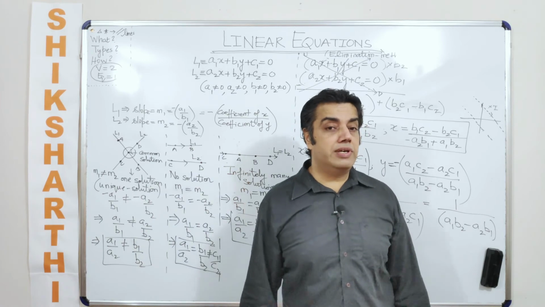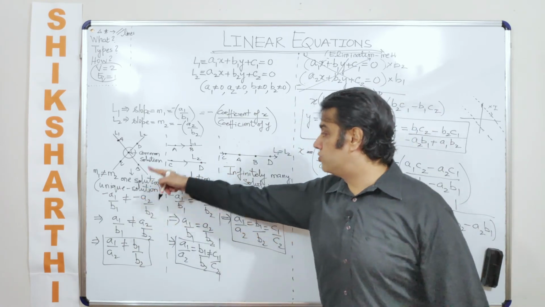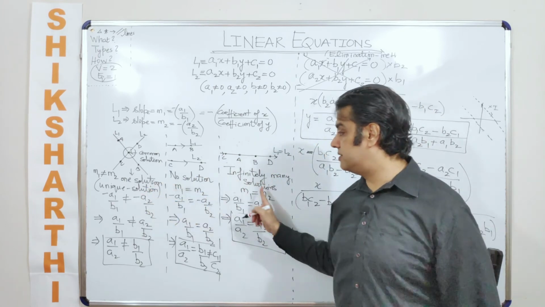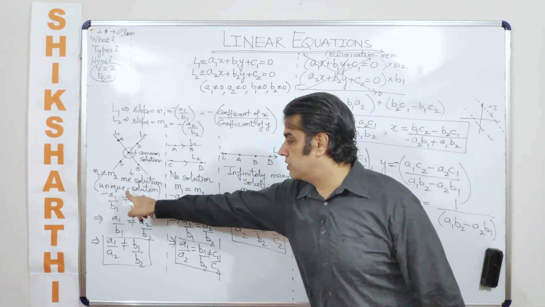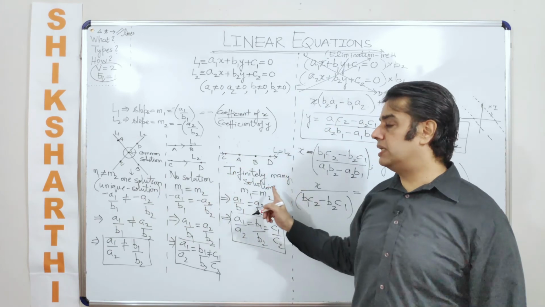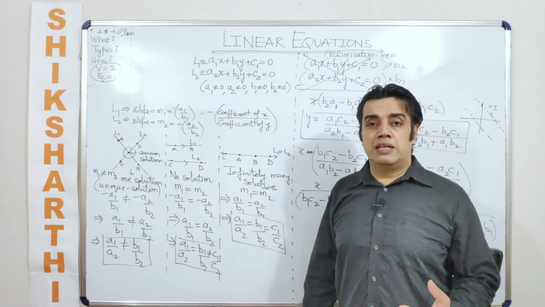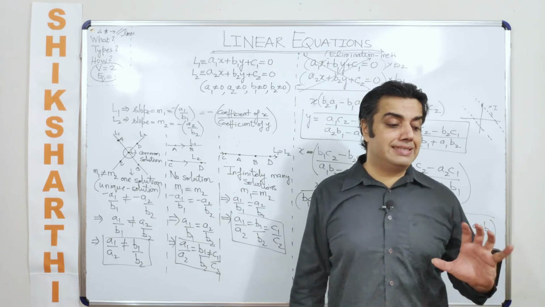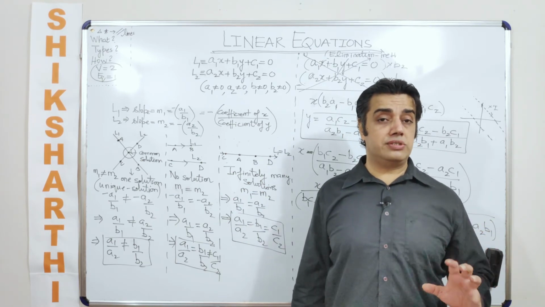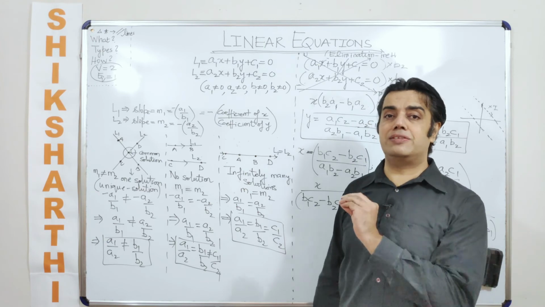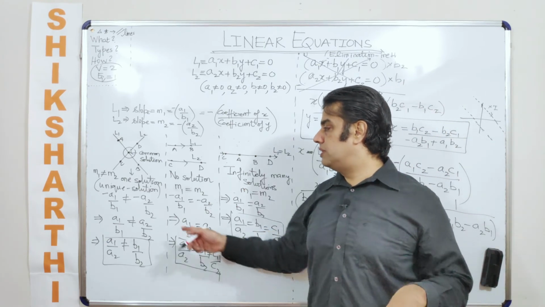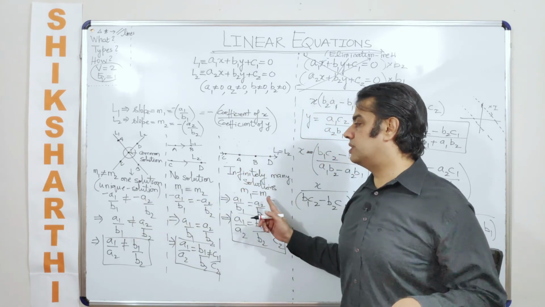In the other case, just the case opposite to this, in both these cases you are getting solutions, but in one case you are getting only one solution, in the other case you are getting so many solutions, right? In both these cases you will always have a consistent solution only. The linear equations will be consistent with each other, with a small difference. The small difference would be here the slope is not equal, here the slopes are equal.